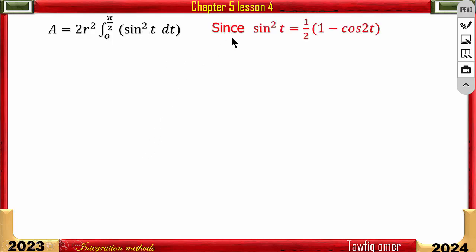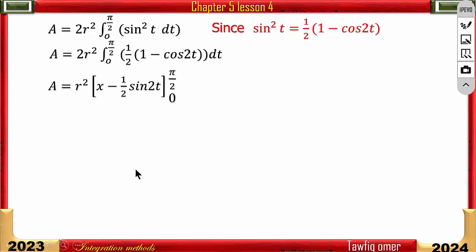Since sine squared t is equal to 1 over 2 times 1 minus cosine 2t, we substitute this one. Area is equal to r squared, integration from 0 to pi over 2 of 1 over 2 times 1 minus cosine 2t dt. Now by taking the integration, 1 over 2 times 2 is 1, times r squared, and the integration of 1 is t.